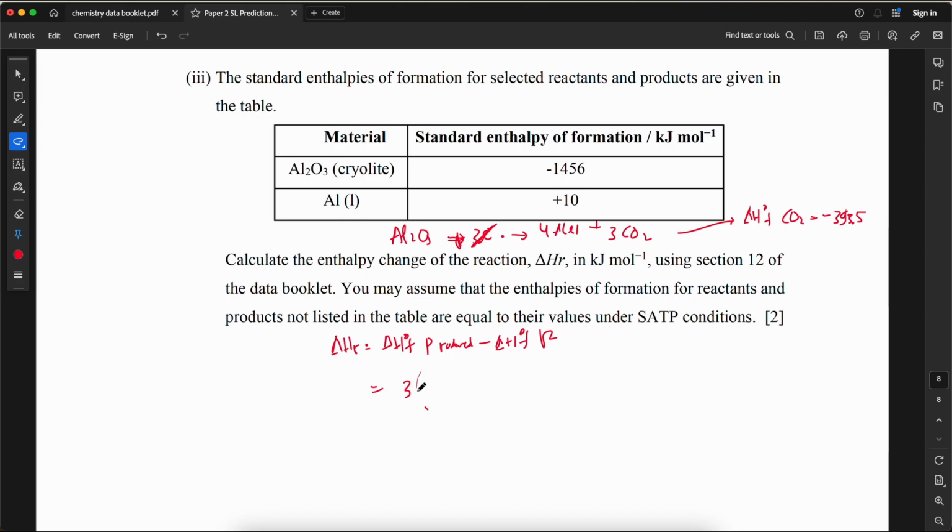So 3 times negative 393.5 plus 4 times 0 minus 2 times negative 1456, and you will get 1771.5 kilojoule per mole. Okay, that's it for the explanation for the paper 2 standard level predicted question.